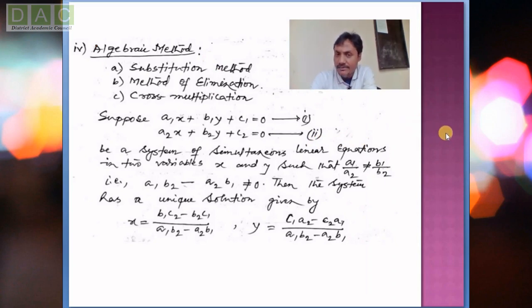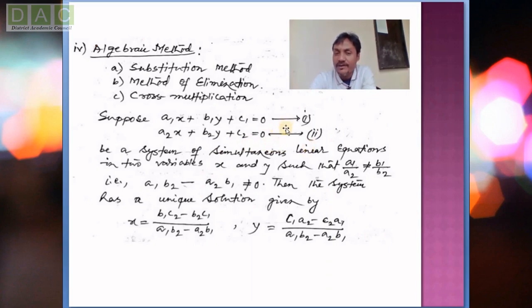But from the third process, the cross multiplication method, suppose these are two linear equations of two variables: a1x plus b1y plus c1 equals 0, and the second one is a2x plus b2y plus c2 equals 0.